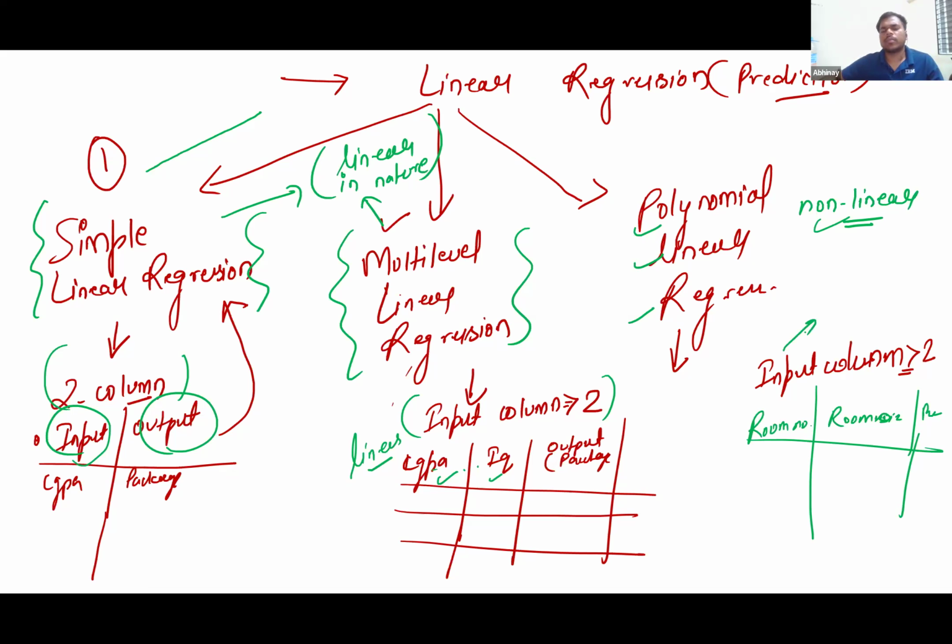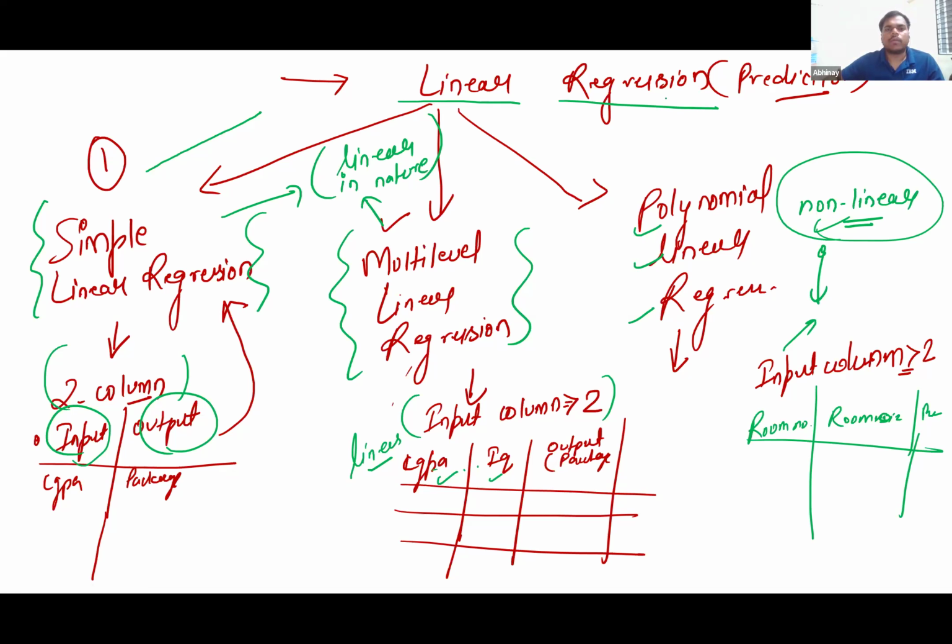Just a quick example to understand that these columns will be non-linear in nature. When we deal with polynomial regression, I will tell you what kind of data we need to take. So this is basically the division of linear regression into three parts.